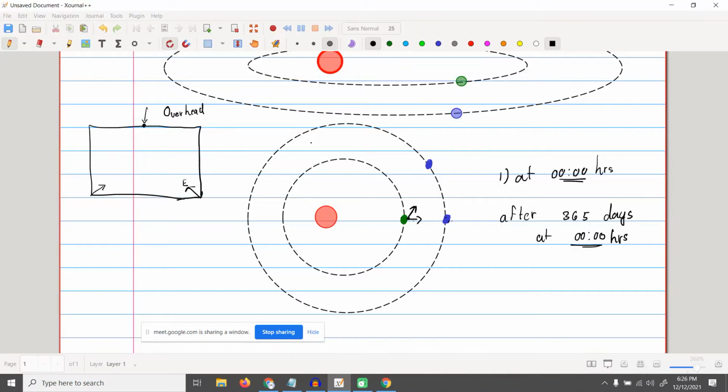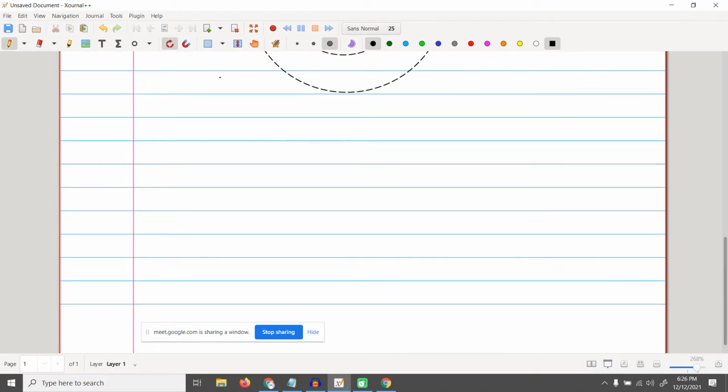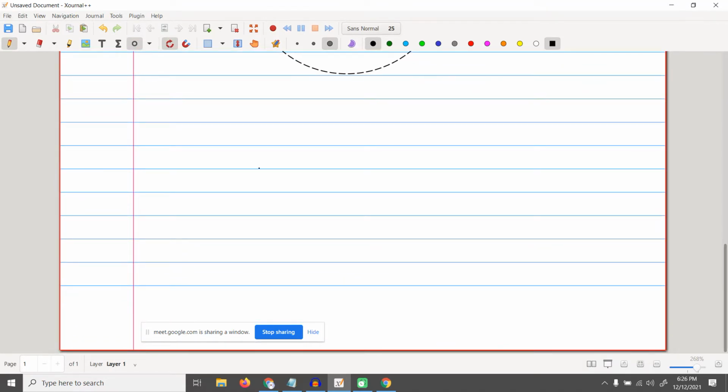Remember, at the end, what we want is a map of Jupiter. Like someone on Earth needs to be able to say that we have a position of Jupiter. So this is your x and y coordinate. So to say, you will use a spherical polar coordinate because everything is going in circles.